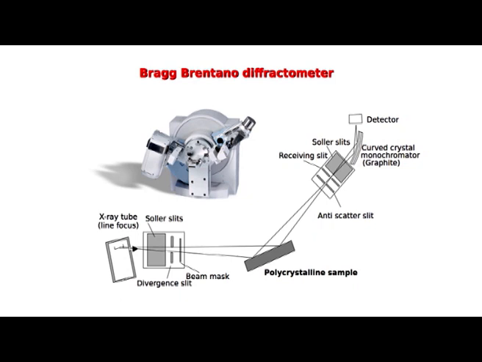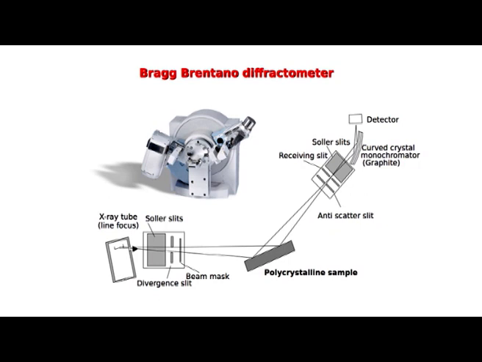Here, both the input X-ray radiation and the detector which detects the diffracted beam rotate simultaneously. So, the source rotates and the detector also rotates.